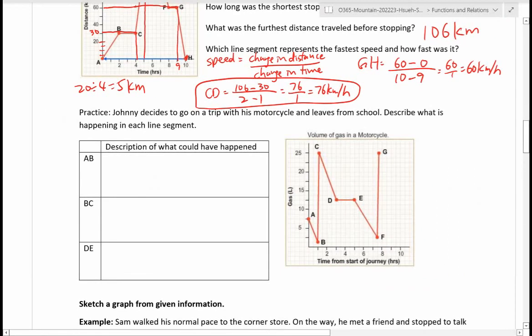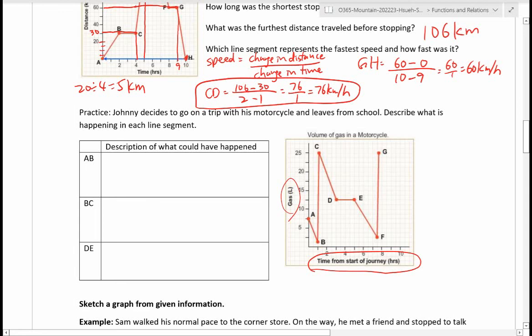Another question here. It says Johnny decides to go on a trip with his motorcycle and leaves from school. Describe what is happening in each line segment. So here is the gas in the tank, and this is the time from the start of the journey in hours. And here's the volume of gas in the motorcycle.